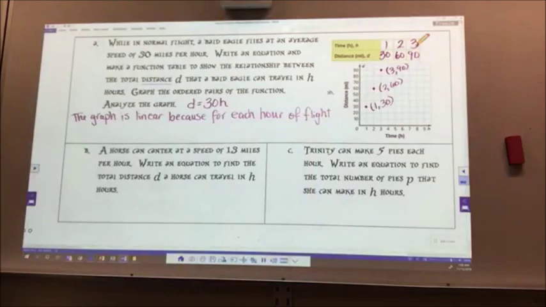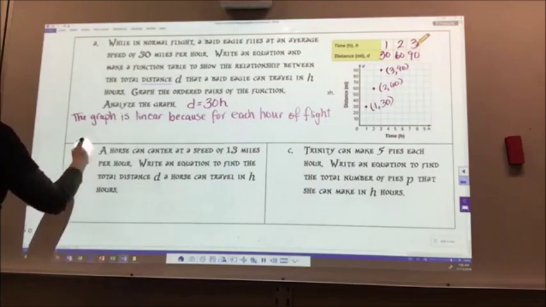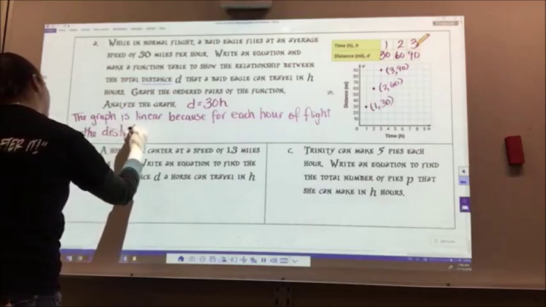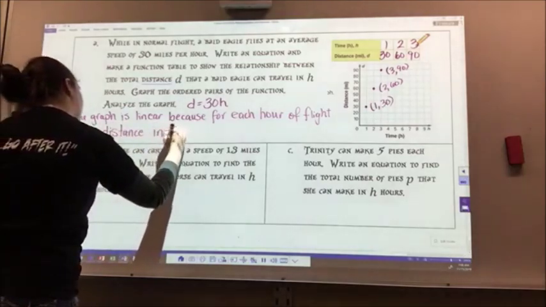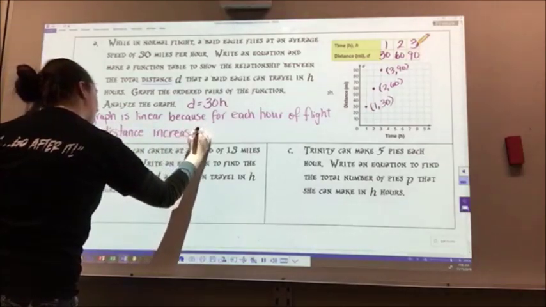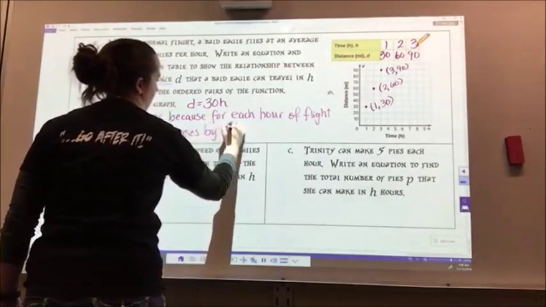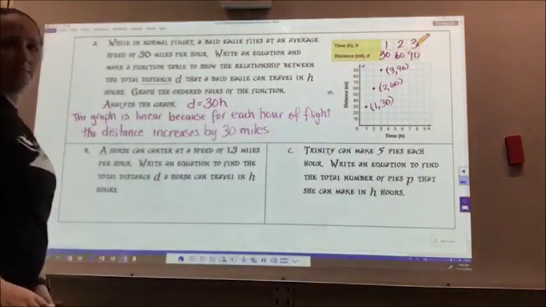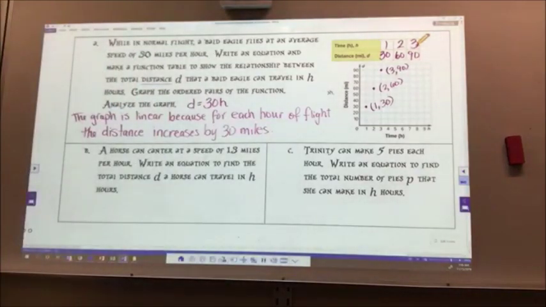We know it's linear because for each hour of flight, the distance increases by 30 miles.